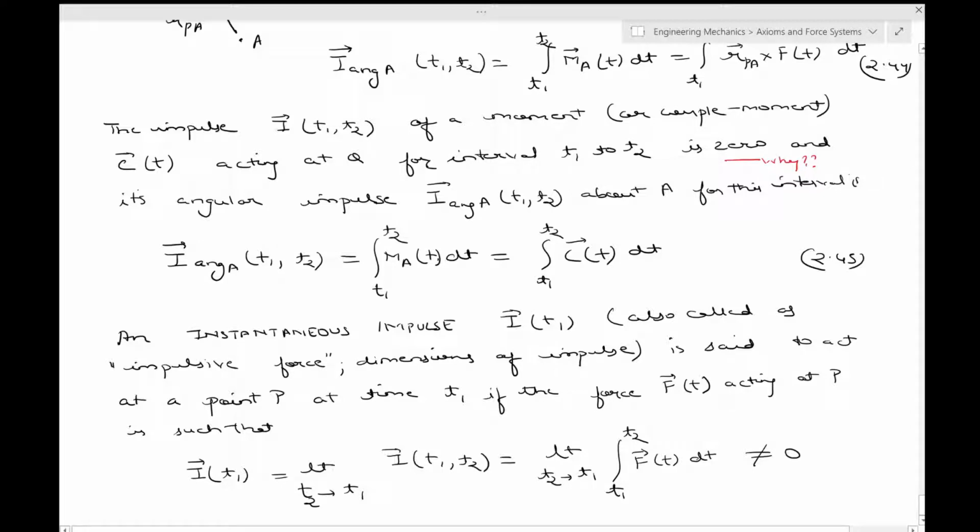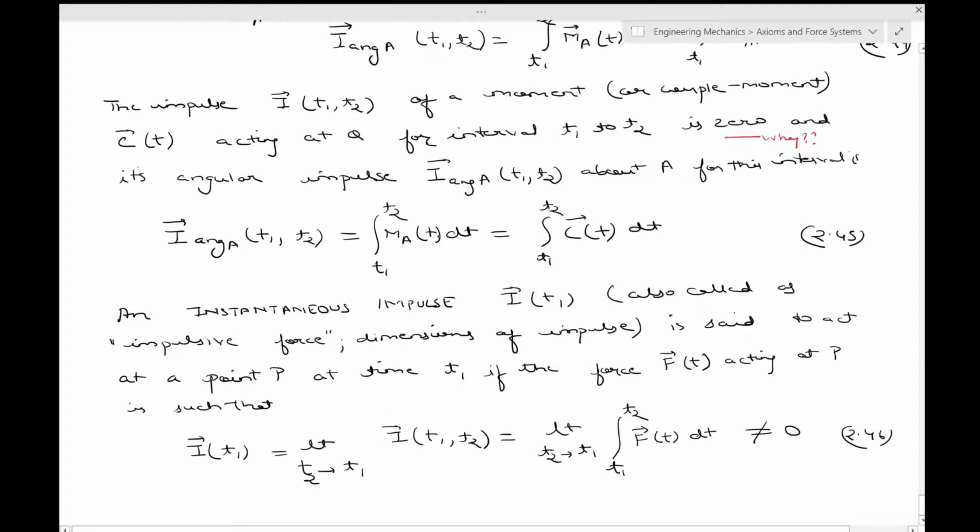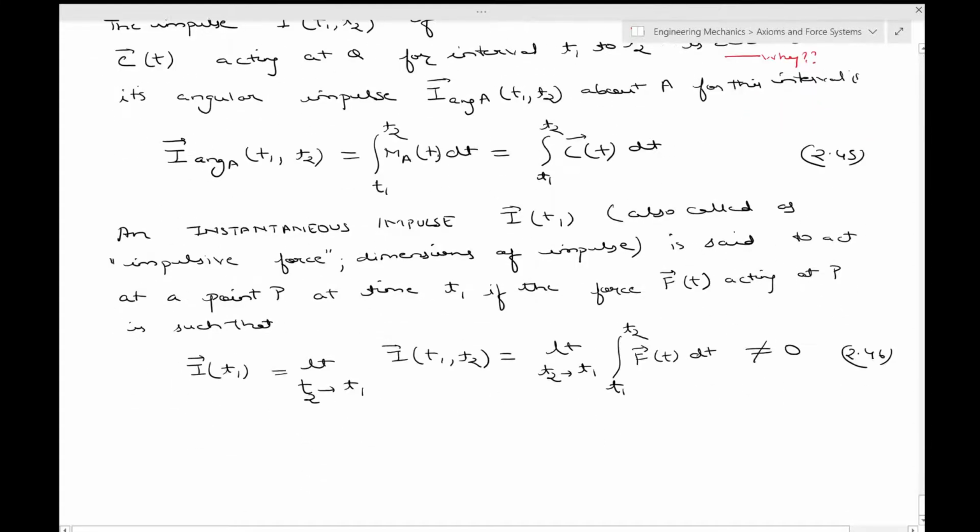So the difference between the impulse and the instantaneous impulse is that the time separation between t1 and t2 is negligible. So that's why you have this limit of t2 tending to t1, and this value will not be equal to 0. 2.46.